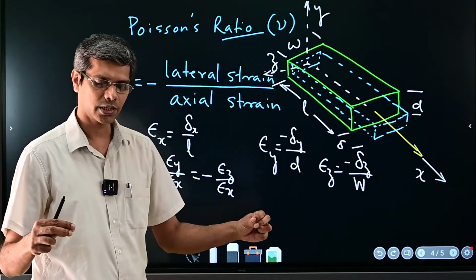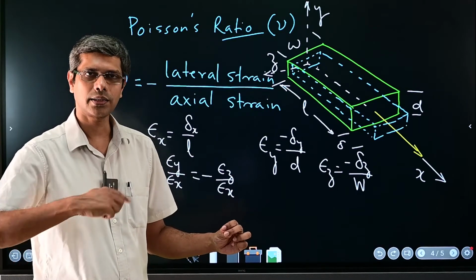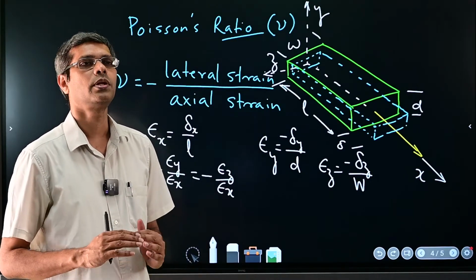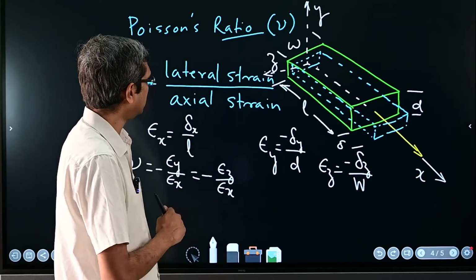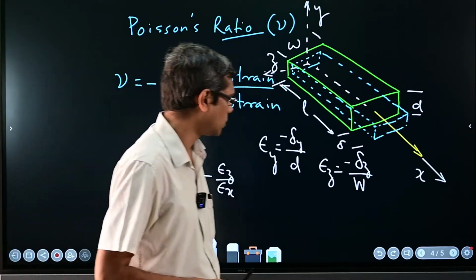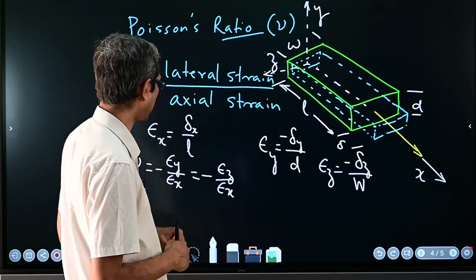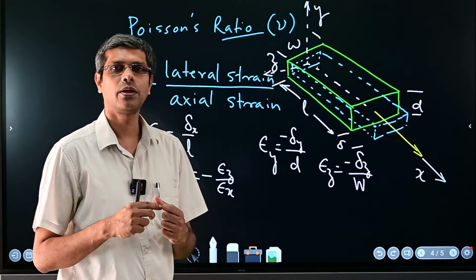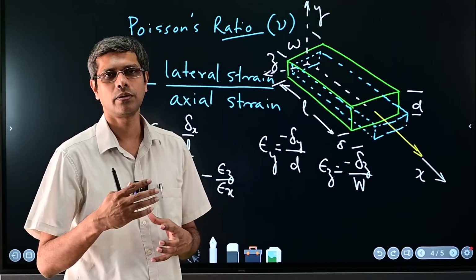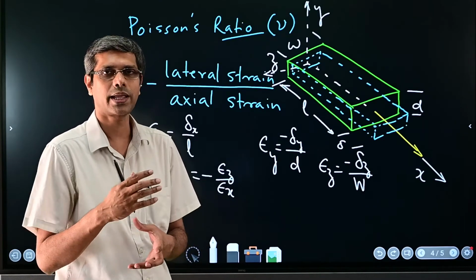So whatever direction you are pulling or pushing, that becomes your axial direction, and the other two perpendicular directions become the lateral direction for that particular axial loading. So this sentence which I have now told will be very useful when we go to write the equations of the strains when loads are being applied in all three directions, which we will be calling multi-axial loading.